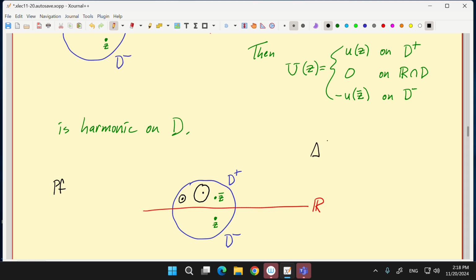The Laplacian of minus u of x comma minus y is harmonic. That's an easy thing to check by the chain rule. And so it's harmonic on the D minus. That means I can put in a little disk here, big disk here, little tiny disk in this corner. And so I've checked the weak averaging property almost everywhere except on the red real line.